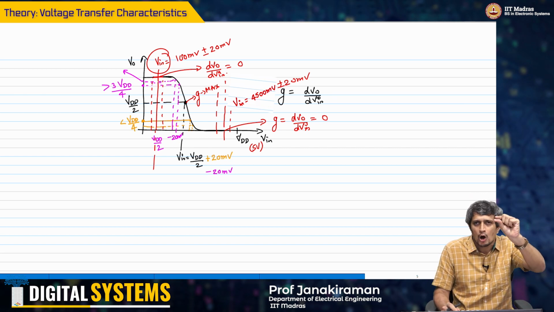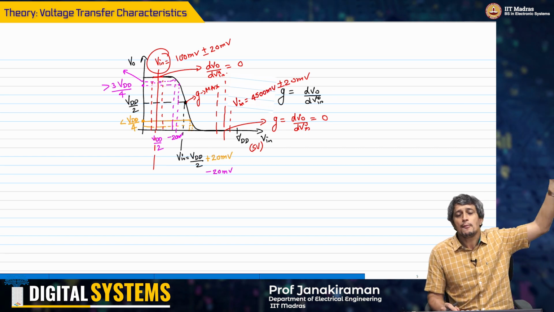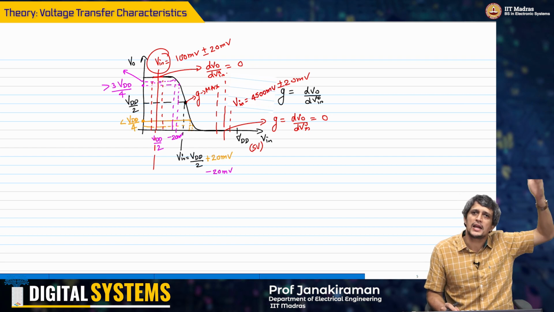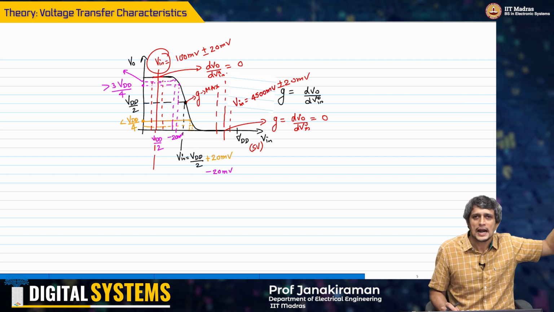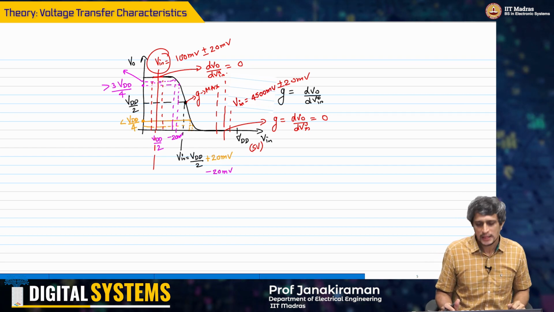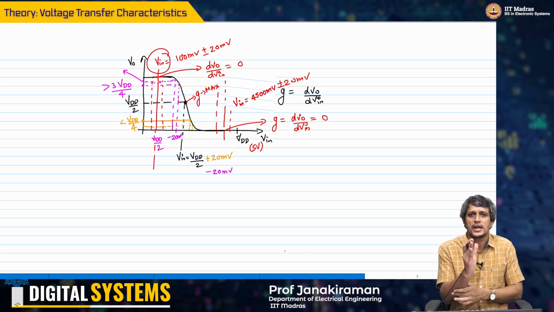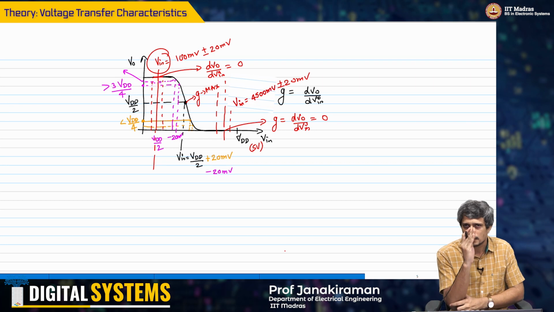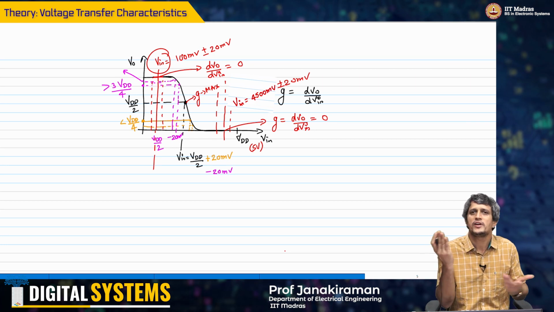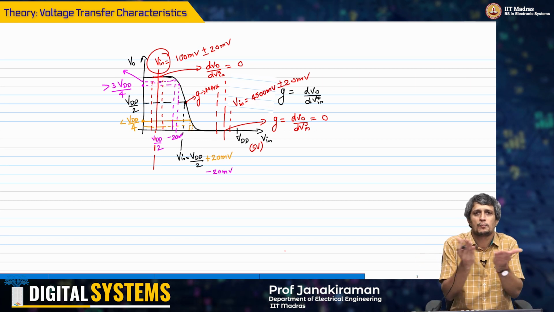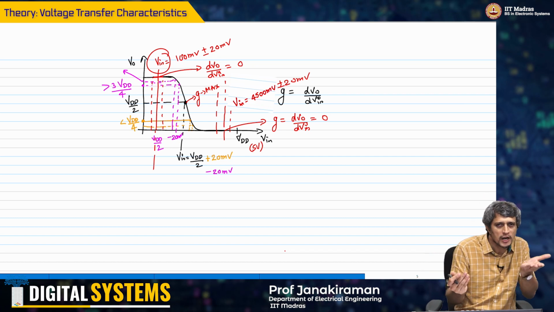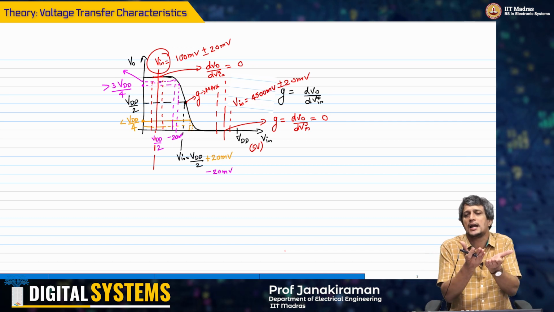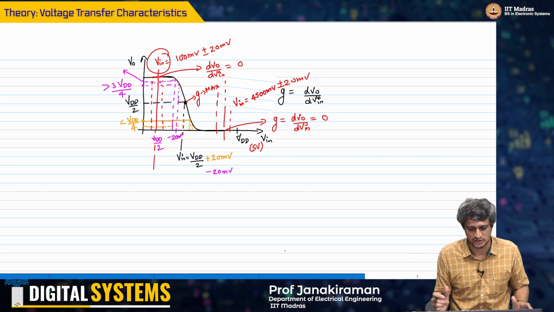So even a small noise is getting amplified and appearing at the output and tampering with the output, and therefore I cannot define my VIL and VIH, that boundary, to be at VDD by 2. I have to split it and define it differently for low voltages and differently for high voltages.